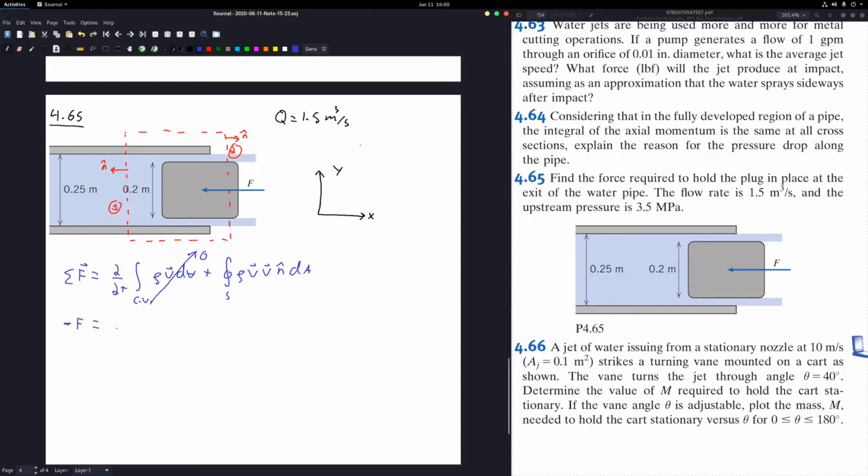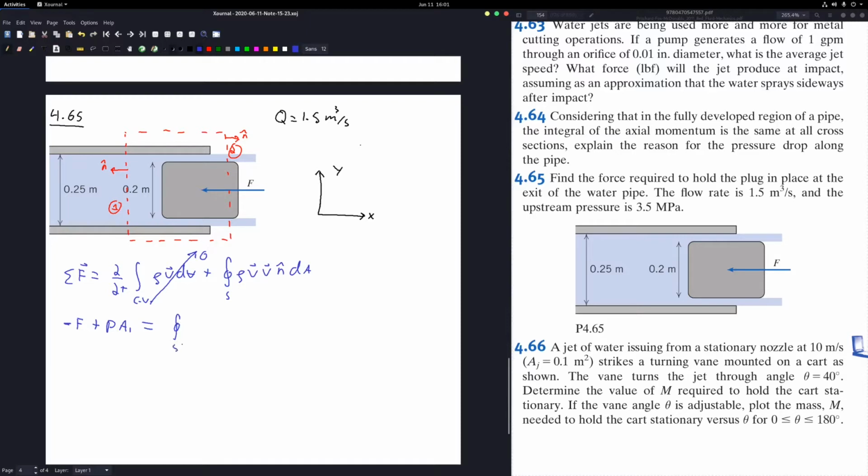Then we can rewrite the equation. Respecting the coordinate system that I drew in the upper right hand side, that'll be minus F plus the force of pressure times the area 1, which will be defined as the larger of the circles, so at 0.25 meters, is equal to the surface integral of the density times V1 squared, so the ingoing influx, times minus 1.